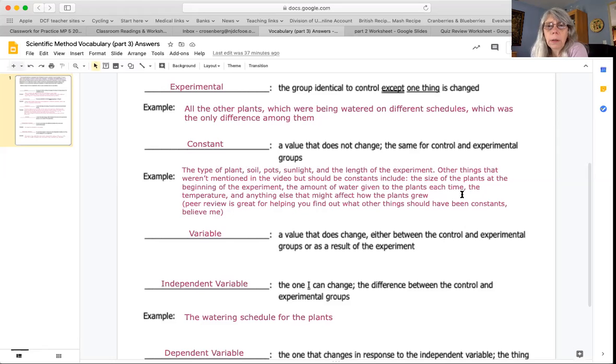If we're only changing the watering schedule, we need to make sure that the plant that's getting watered every day is getting 7 times as much water as the plant that's getting watered once a week. And the only way we can do that is put the same amount of water on the plant each time we water it, no matter what the schedule is. That has to stay the same. The temperature where the plants are growing also has to be the same because that can affect the way plants grow, and anything else that you can think of.